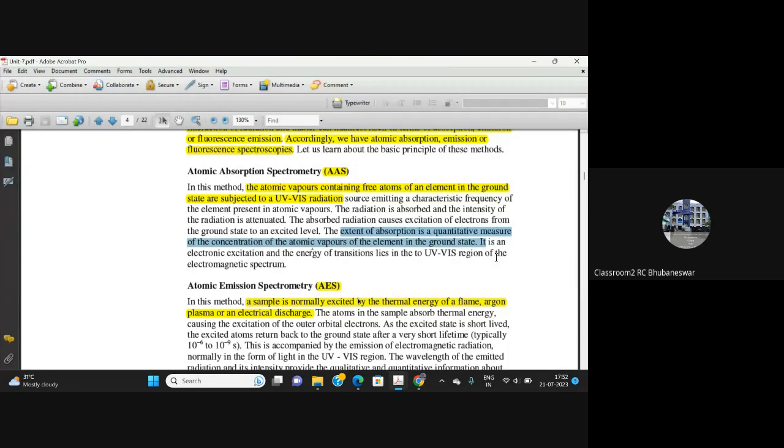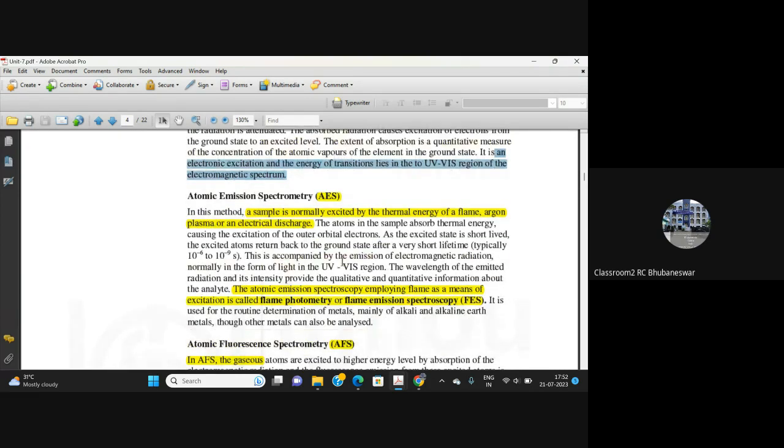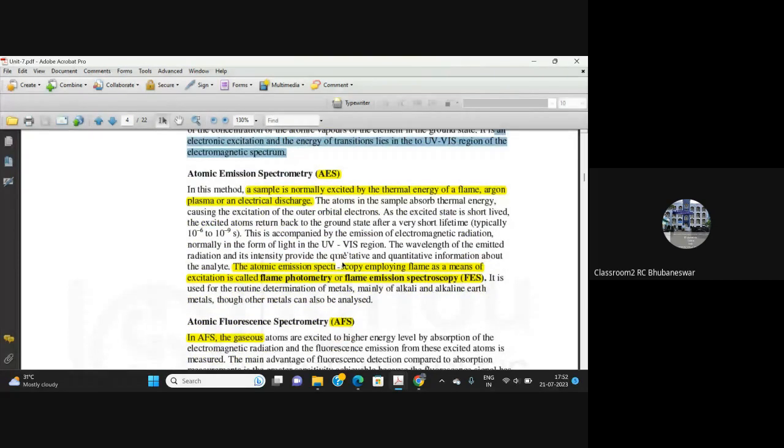So it is an electronic excitation and the energy transition lies in the UV visible region of the electromagnetic spectrum. This is atomic absorption spectrometry, the basic principle of that. So what is AES, atomic emission spectrometry?